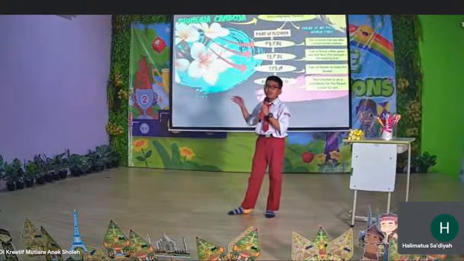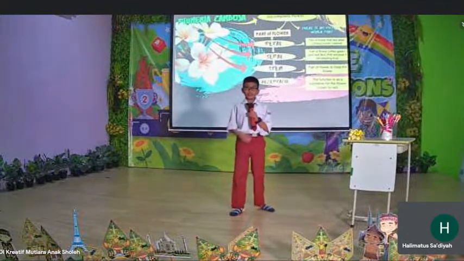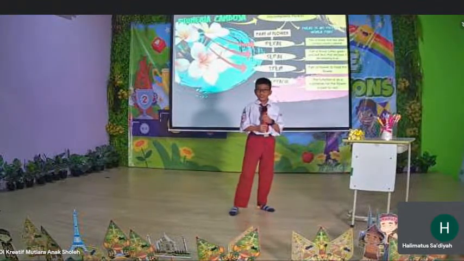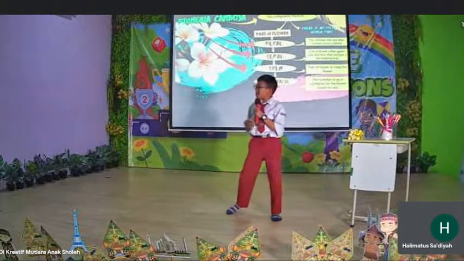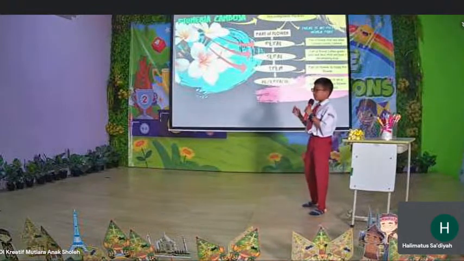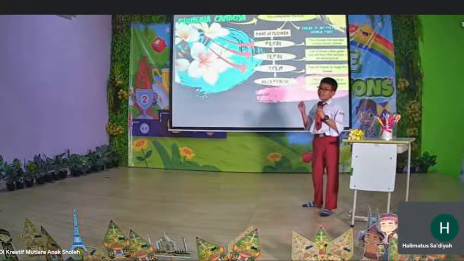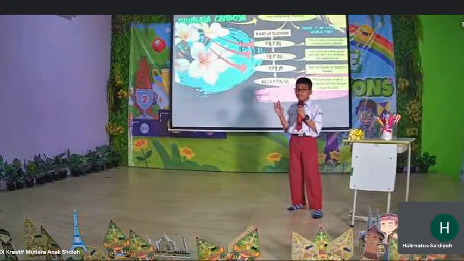Do you know what the parts are? Okay, the Kamboja flower has four parts. The first is petal, the second is sepal, the third is stem, and the fourth is receptacle.